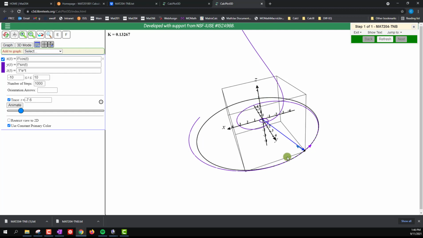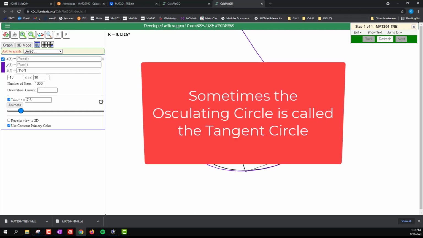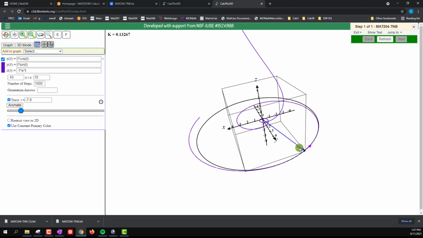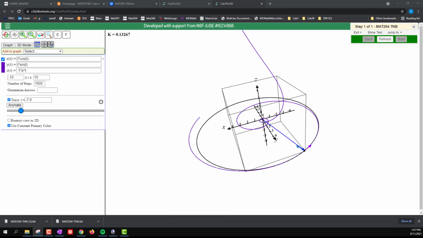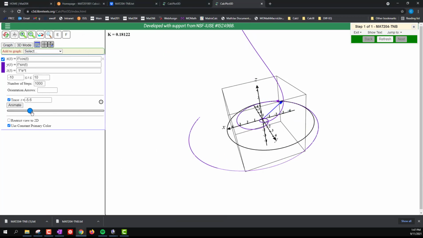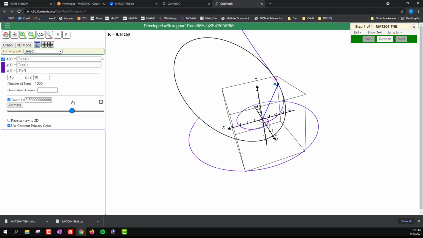Instead, I'm fitting a circle to this purple curve that approximates the curve at that point, and the principal unit normal vector, this light blue vector here that we're learning how to compute, always points in the direction of the center of that circle of curvature, or that oscillating circle as it's called.